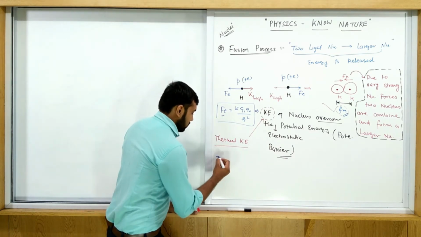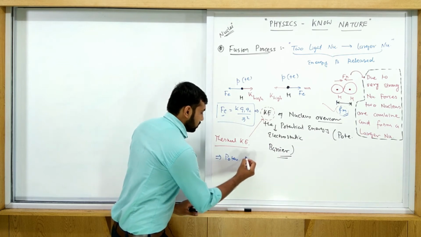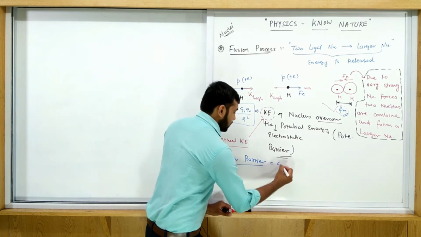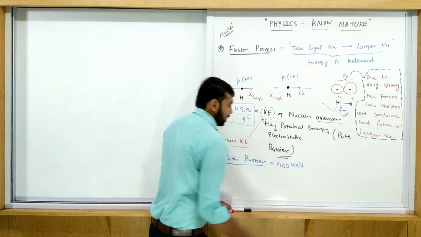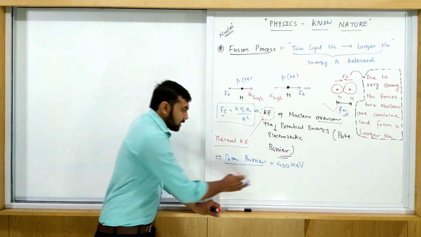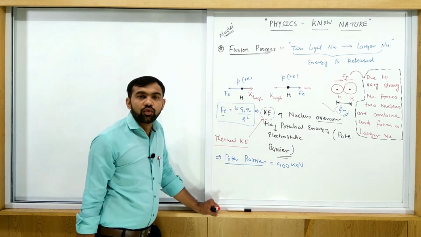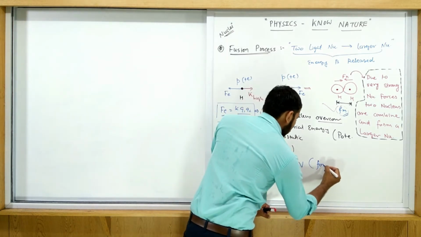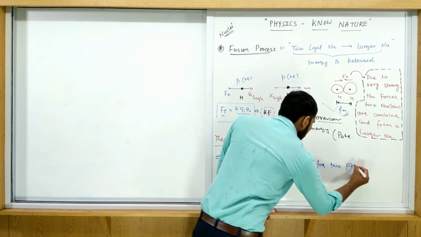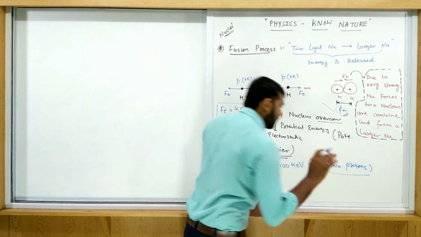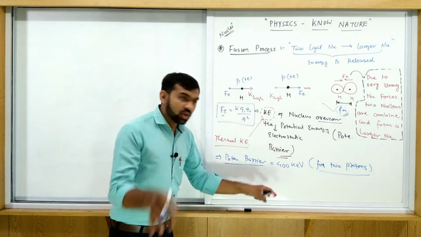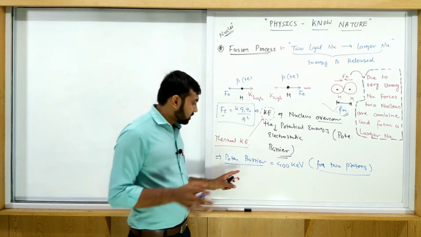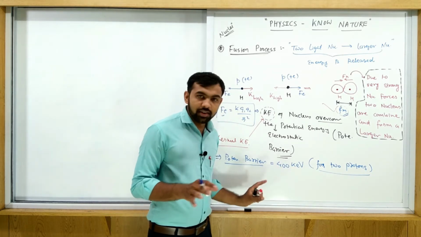Consider the potential barrier is equal to 400 keV for two protons. That's just an example. You can consider 300, 200, 500, no problem, but our answer is approximately the same. We consider 400 keV energy, suppose.